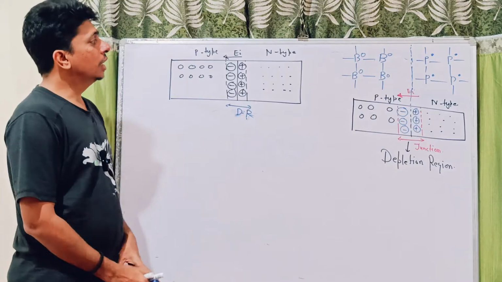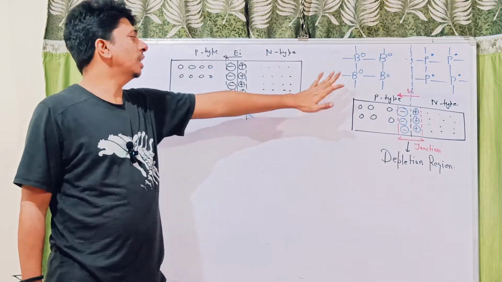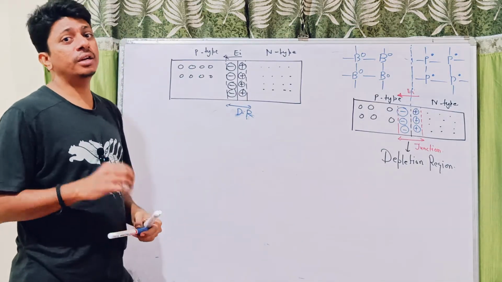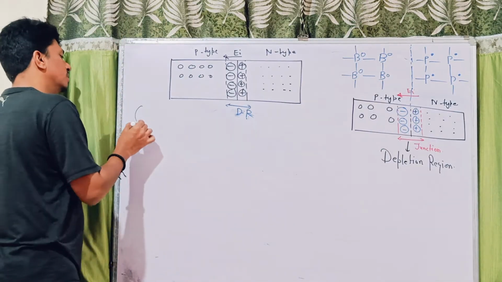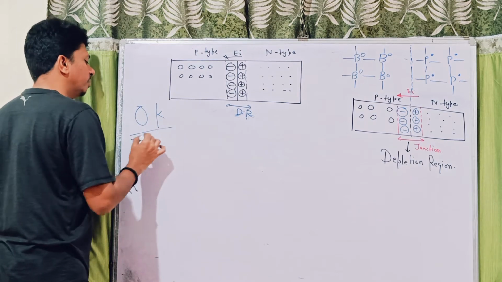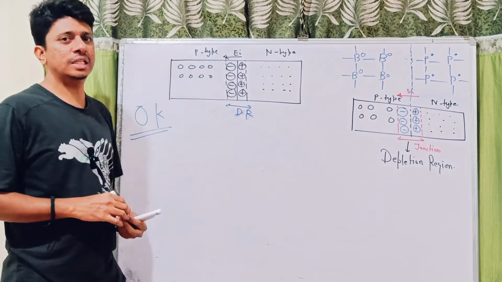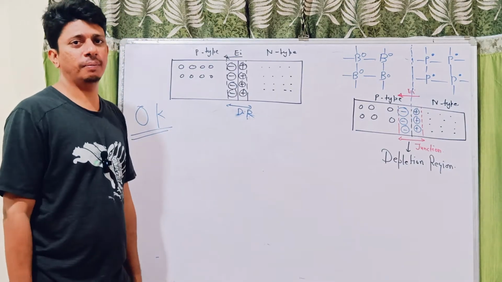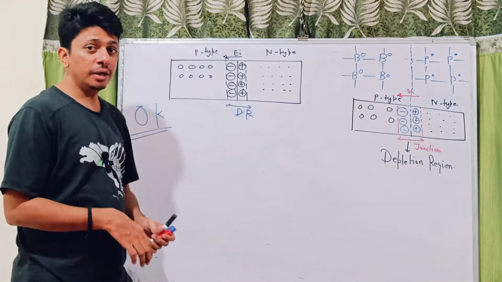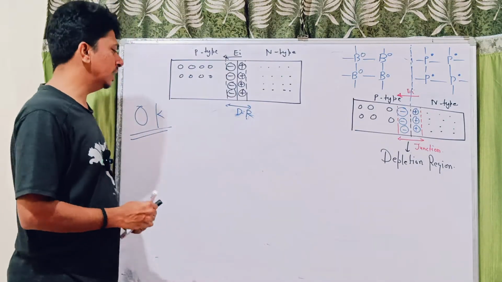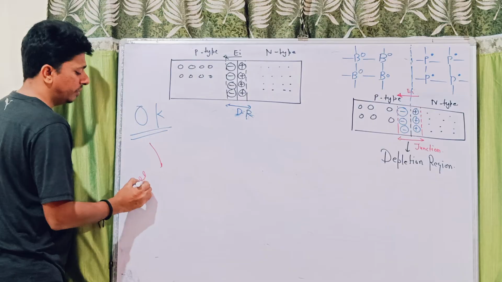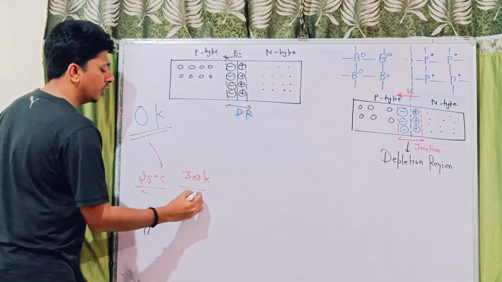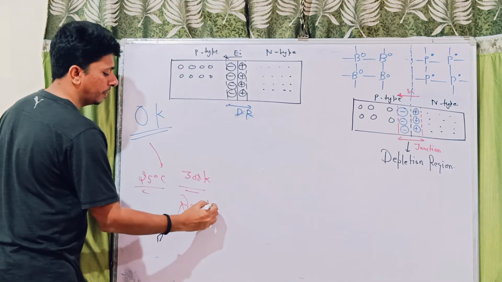Remember that this picture is a picture at 0 Kelvin. This is very important. Whatever we have studied till now is at 0 Kelvin, but most of the time we want a discussion at 25 degrees centigrade, or 300 Kelvin, or room temperature.